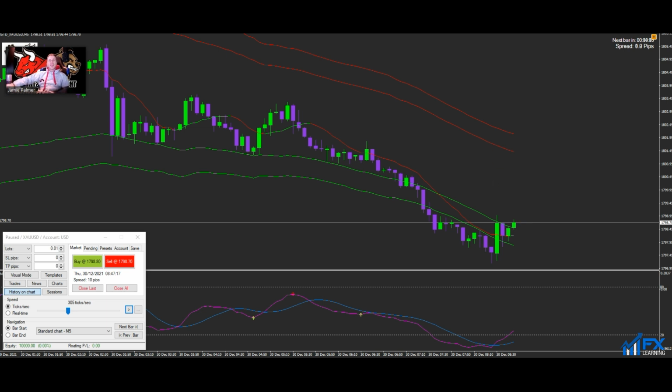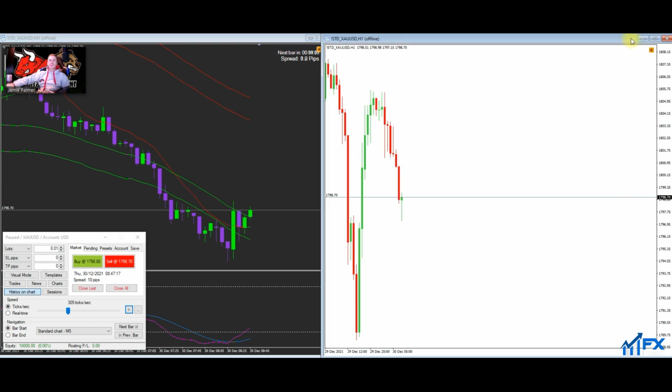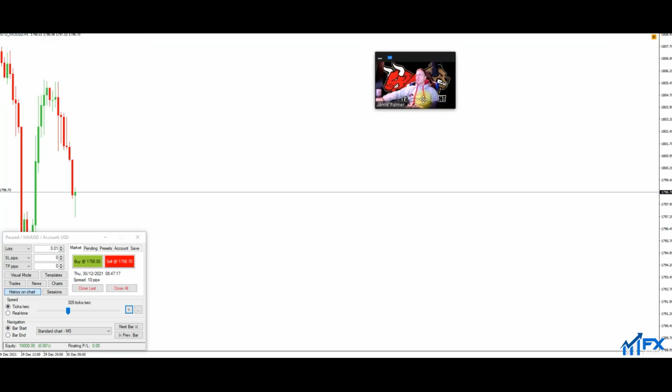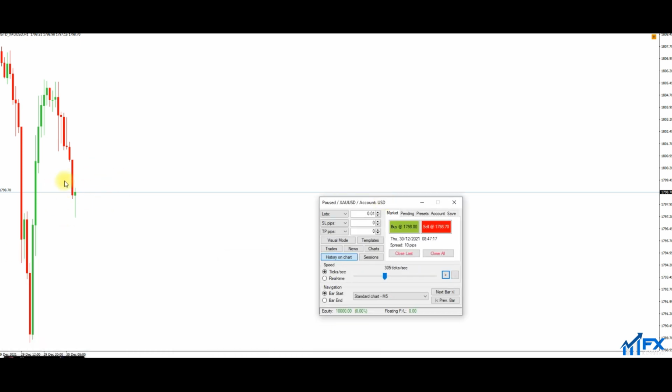Now what I want to then do is move myself out of the way. I'll put myself down here somewhere so you can see. I just want to have a look at the 1 hour. What I can see from the 1 hour is a small area just here.